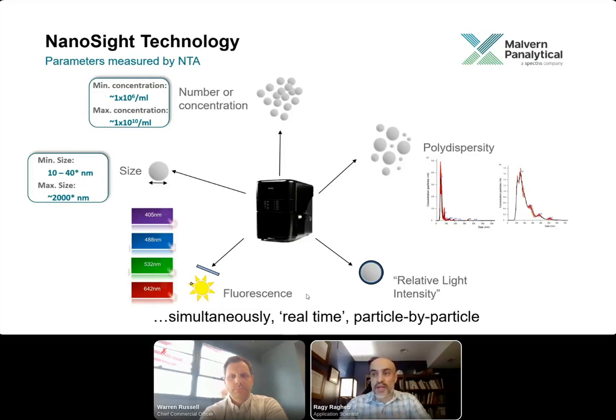They'll use any number of our laser modules that we offer to couple with a corresponding long pass filter and look at fluorescently labeled particles, looking at their size, distribution, and concentration, and comparing that to the total population in the sample.